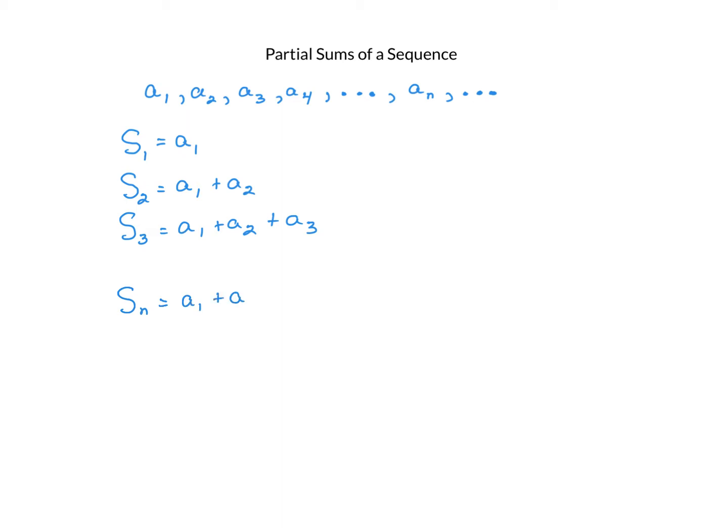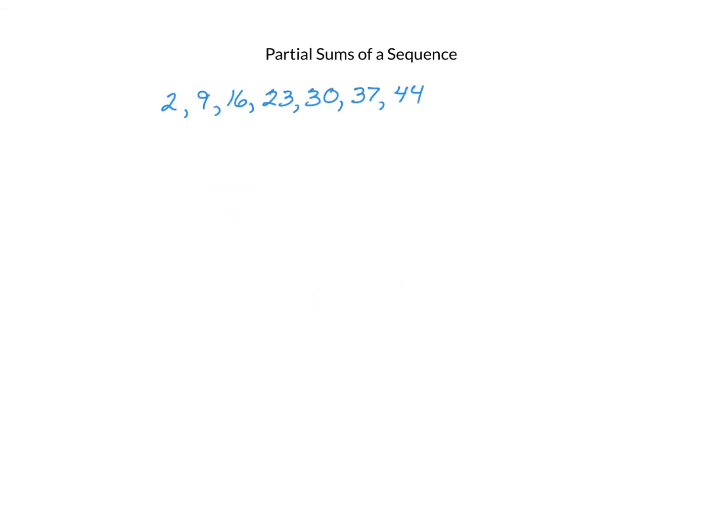In this case, a sub 1 plus a sub 2 plus a sub 3, and keep adding until you come to that nth term. And that will be our nth partial sum. And notice we use capital S for sum for these partial sums. So let's look at this sequence.